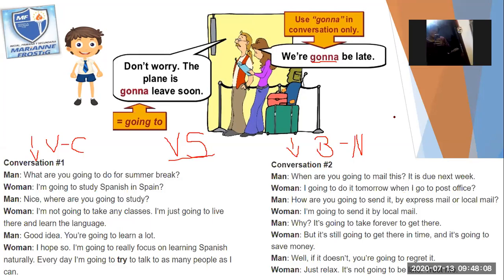When are you going to mail this? Ah, no es going to, disculpen. Where are you gonna mail this? It is due next week. I'm gonna do it tomorrow when I go to the post office. How are you gonna send it? By express mail or local mail? I'm gonna send it by local mail. Why?